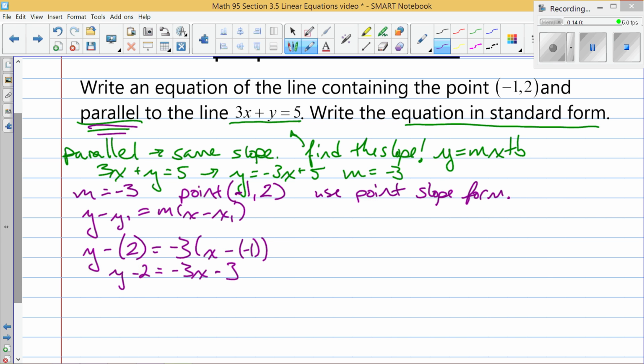Now, I would like to get this in standard form. I don't need to get it into slope-intercept form, so I am not going to take that middle step. Instead, I'm going to add my 3x's to both sides, and I'm going to add my 2 to both sides.